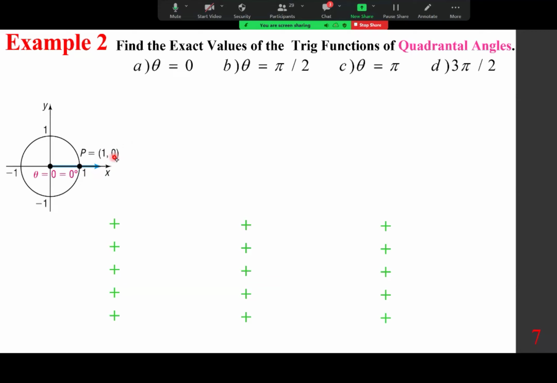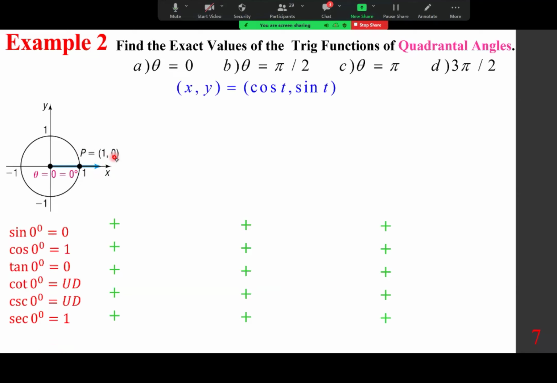We can figure out the rest accordingly, because tangent is sine over cosine, which makes it 0, and the rest of them are reciprocals. So x comma y, cosine and sine. First recognize this one, everybody. This comes from the pair. Make a note of that one.